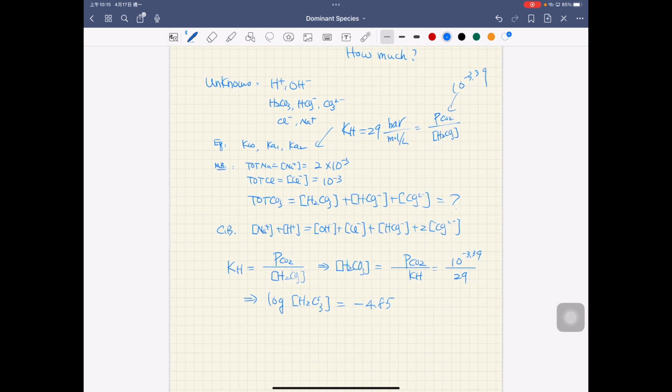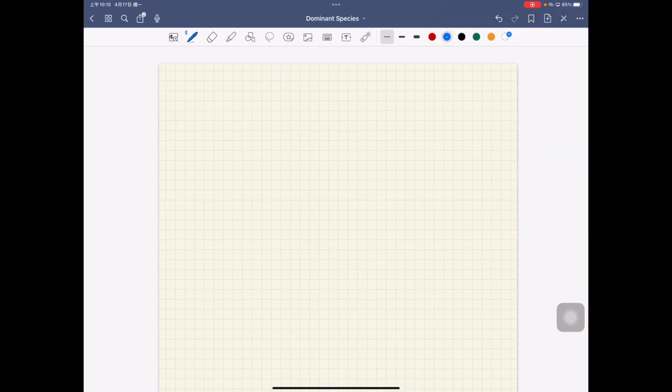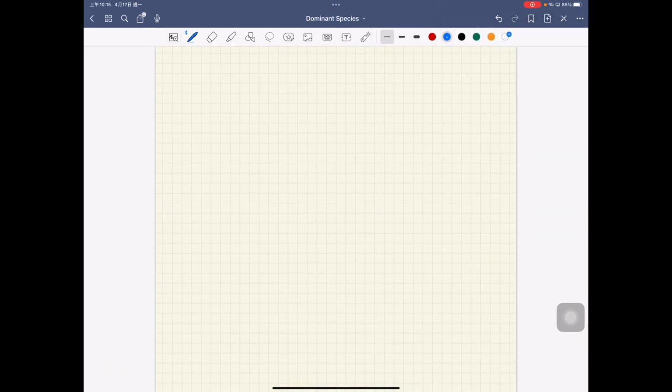Now you need to draw HCO3 minus. How do you draw it? Let's do that right now. We know that Ka1 equals this, right? So that's from Ka1. I can move it around.